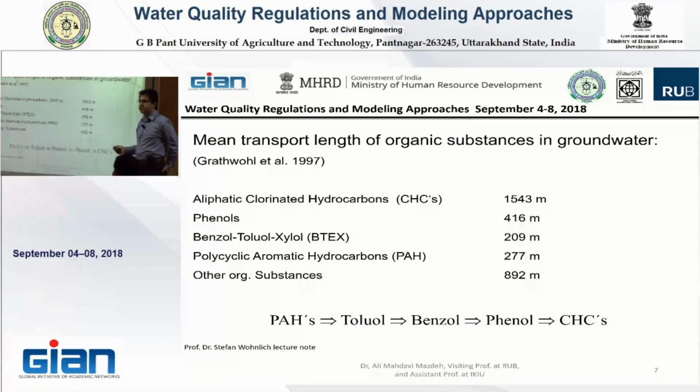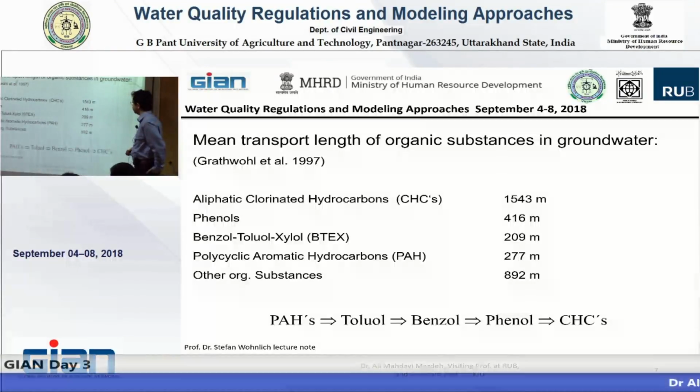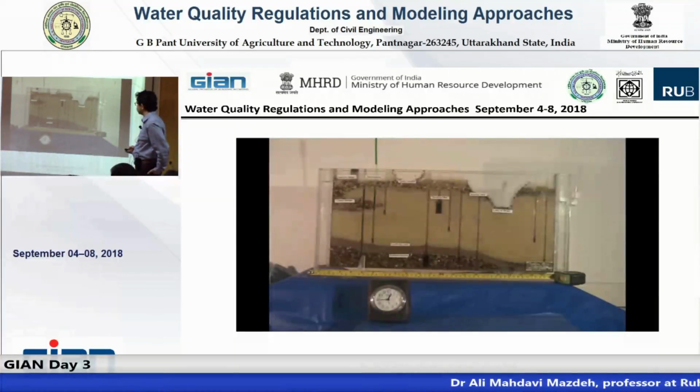So this is also important for us, if you know how far the pollutants move in the groundwater. And you have other substances like PAH, 277, and others around 800 meters. For benzol, we have 209 meters. So each pollutant has different lengths that it can move through the groundwater.